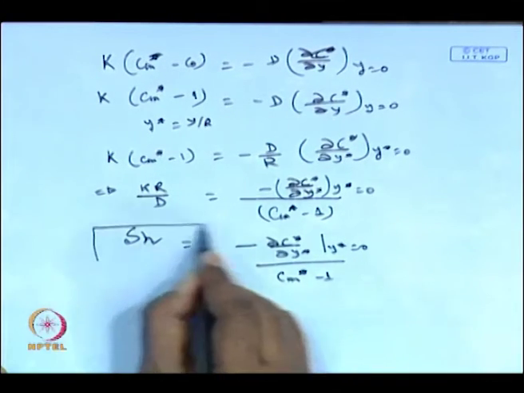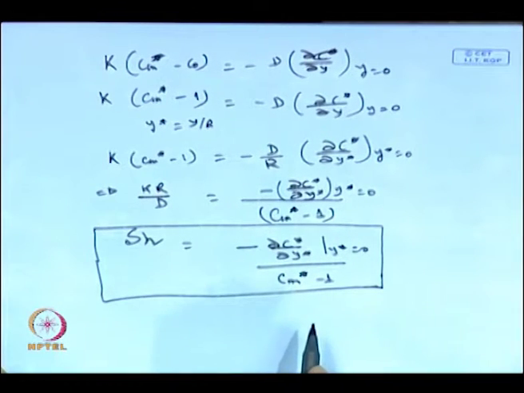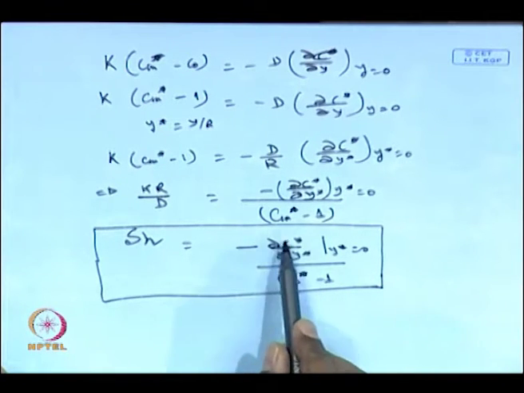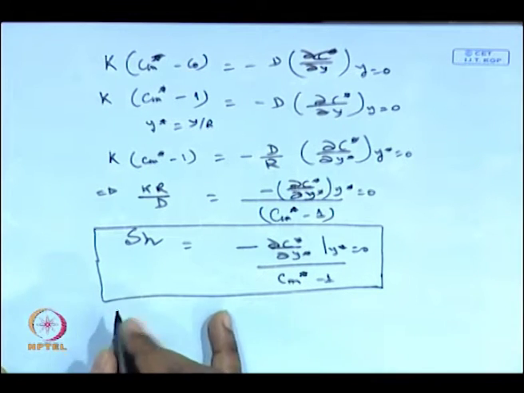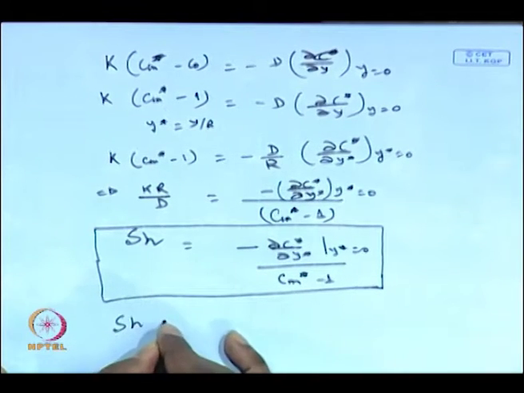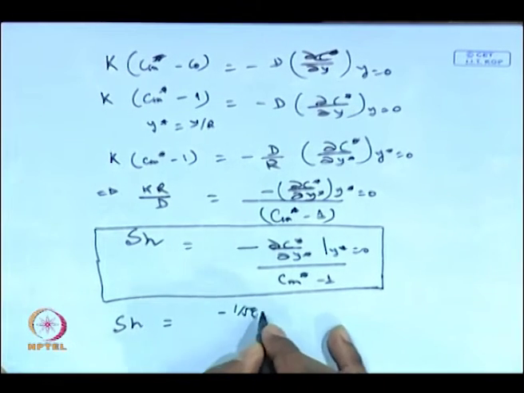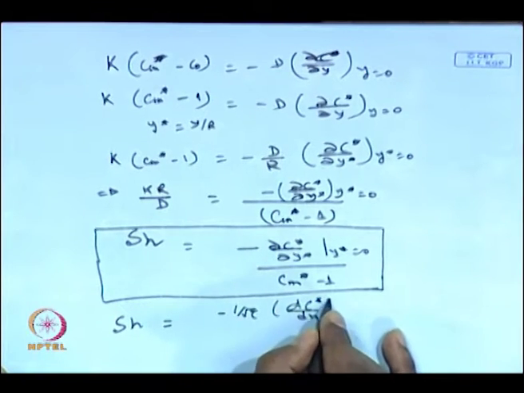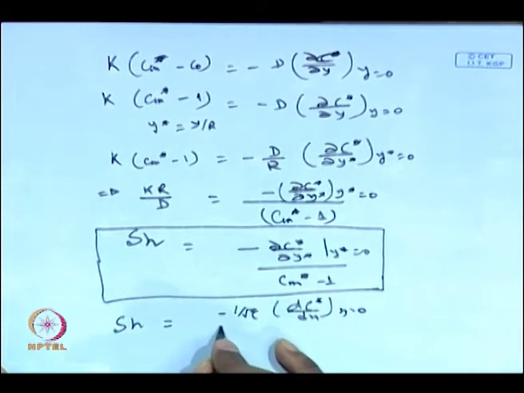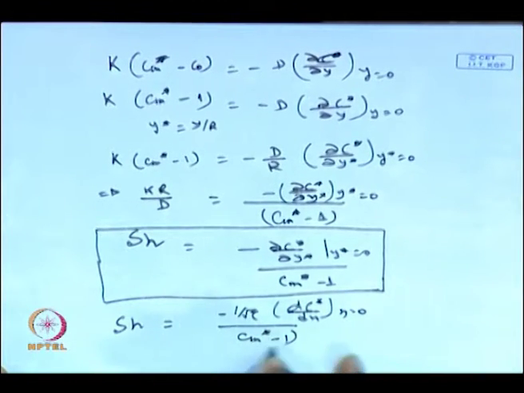Now, there is a neat expression of Sherwood number in terms of non-dimensional parameters. If you now put the expression of del c star by del y star in terms of eta, this becomes Sherwood is equal to minus 1 over root over tau, d c star by d eta at eta is equal to 0, divided by Cm star minus 1.